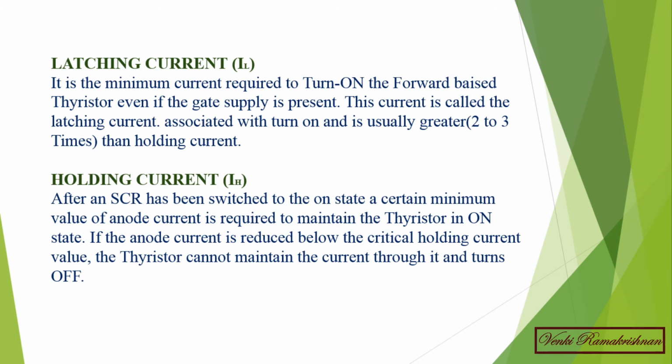That minimum current is called the latching current. Simply, it is the minimum current required to turn on the forward biased thyristor even if the gate supply is present. Usually the latching current is greater than the holding current.